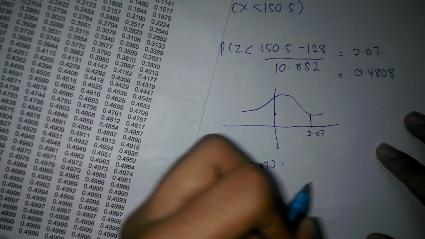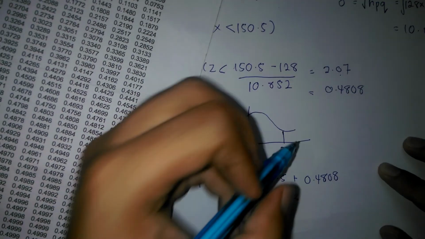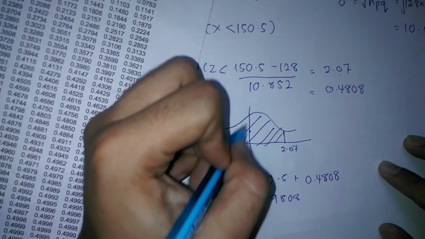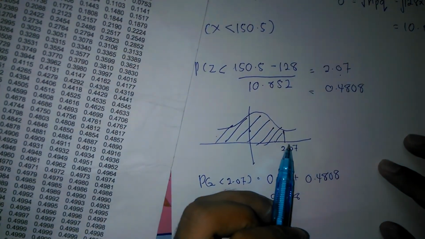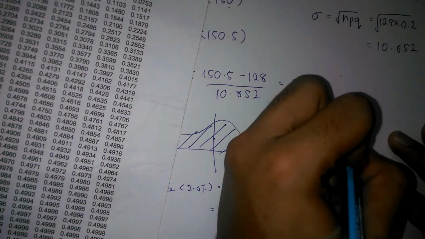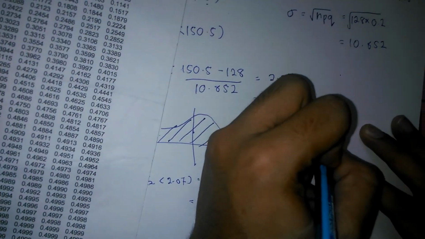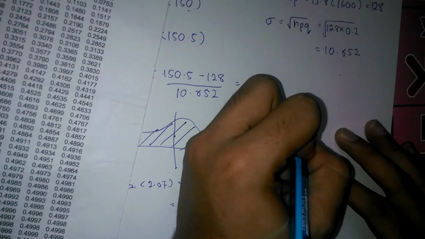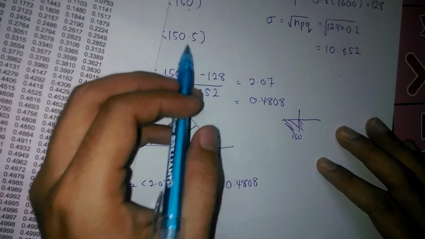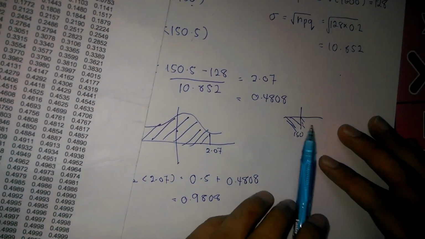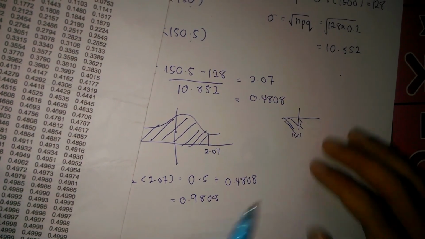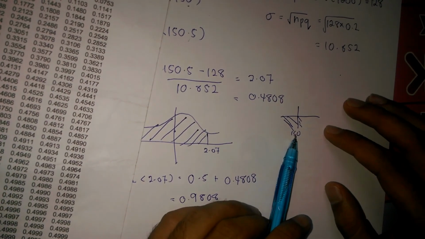From the table we get 0.4808, so we get 0.9808. We get this because this is for 150. We don't need the upper part, we need lower than 150. So we get this. This is the answer.